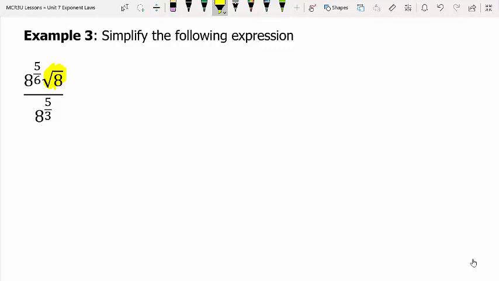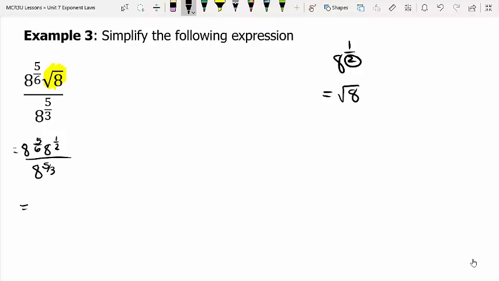So I can simplify first using exponent rules. The square root of 8 is the same as 8 to the power of a half. If you don't believe me, let's work forwards again. 8 to the power of a half: the denominator means that we have a square root, and the numerator is just 1, so that's irrelevant there. That's how I worked backwards.